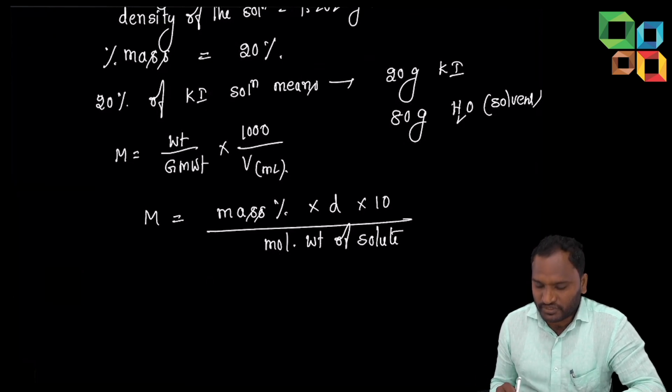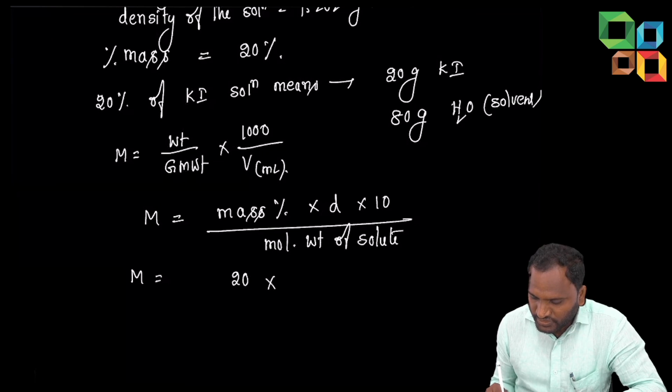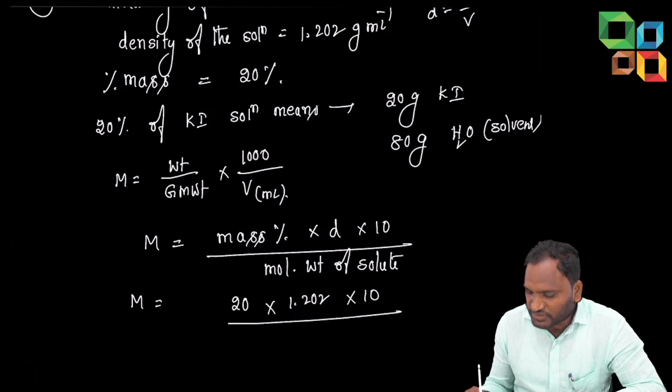I'll tell you how we'll get this one. Molarity is equal to mass percentage 20, density how much they give? 1.202 into 10 by KI molecular mass.